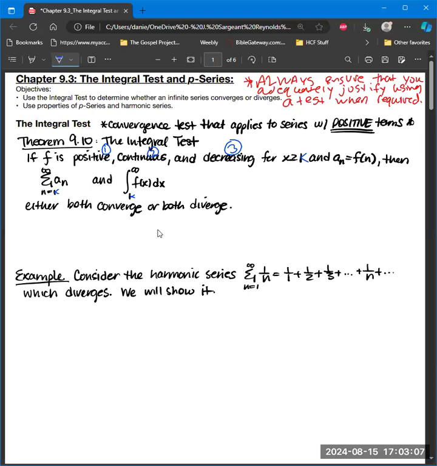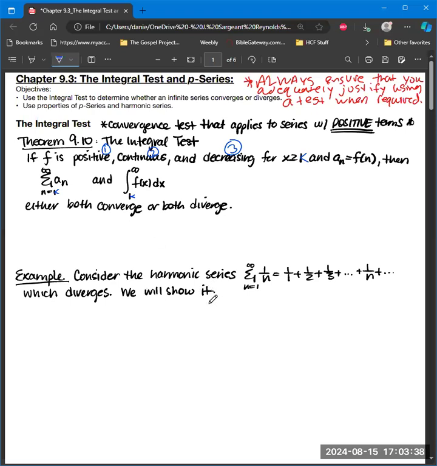Then if I have the infinite series from n equals k to infinity of a sub n, and the definite integral from k to infinity of f of x dx, it will say 1 on all of these things in the book. I'm just telling you, it doesn't have to start at 1. It could start at 2 or 3 or whatever. There just needs to be a lower limit where, everywhere greater than or equal to that number, f is positive, continuous, and decreasing.